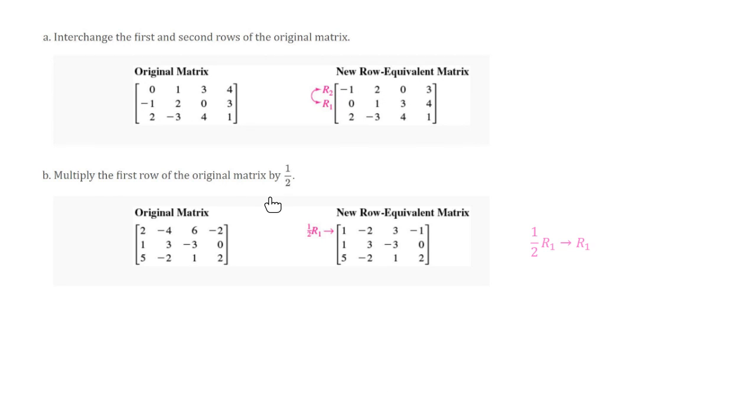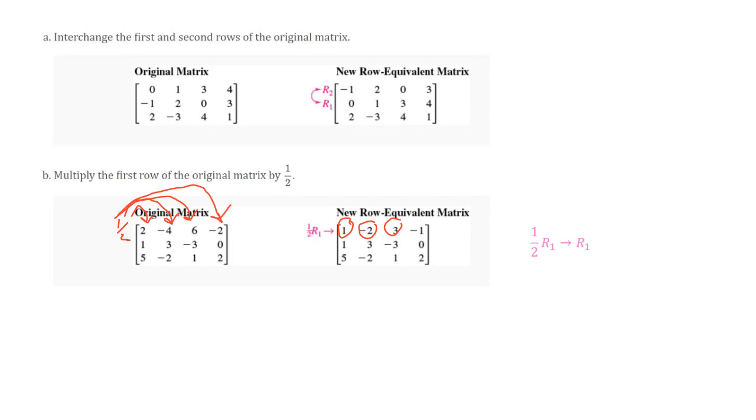To multiply, you can multiply by a half. For example, if I multiply this row 1 by a half, what you're doing is 1/2 times 2 gives me a 1. 1/2 times -4 gives me the -2. And 1/2 times 6 gives me the 3.